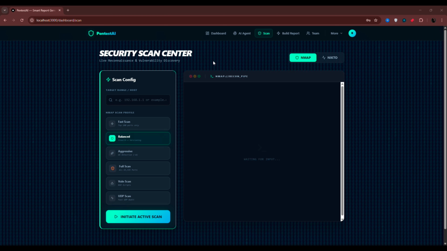Okay, but here you can see Nmap is there. Using this web application, I can scan the top 100 ports, and it also has the stealthy scan, the version scan, and the aggressive scan.